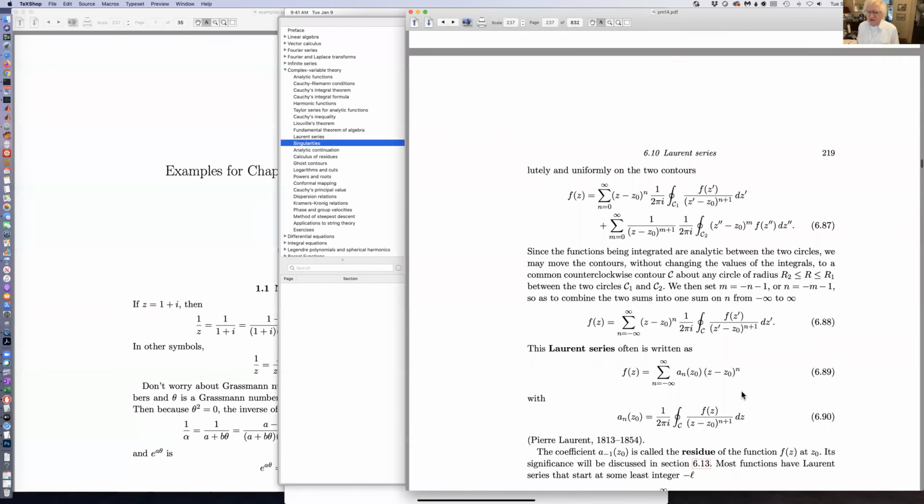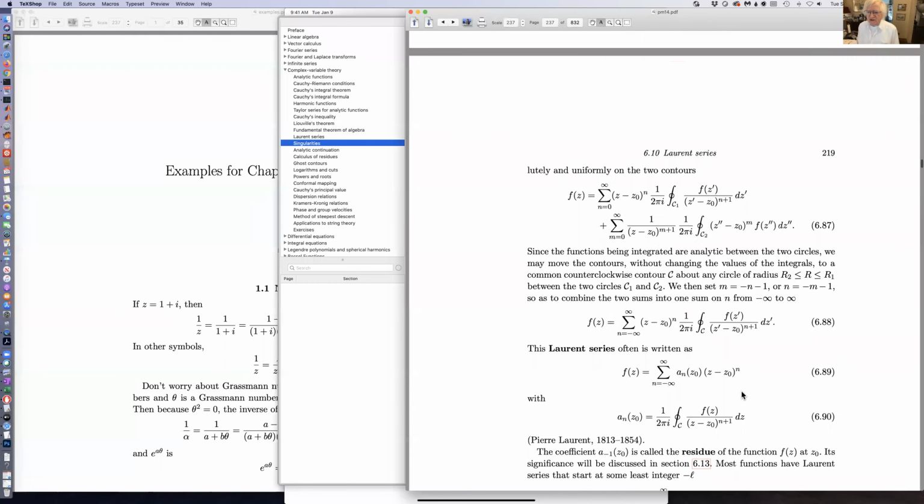A pole of order 1 is a simple pole. Poles are isolated singularities, and a function is meromorphic if it's analytic, except for poles. Here's an example of a function that's meromorphic. It has a pole of order j at the point j. An essential singularity is a pole of infinite order. Here's an example of an essential singularity at 0, e to the 1 over z. These things do occur in physics.